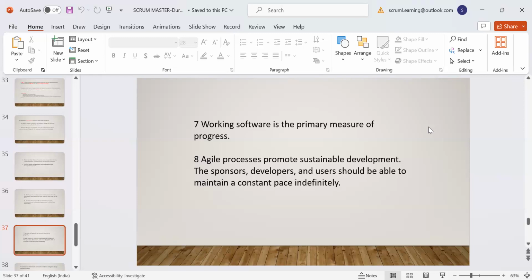There should be deliveries happening at regular intervals of time. In that way the customer will have a feature or a product coming to them at regular intervals. That's what it means. So you will have development at a constant level and a constant pace.